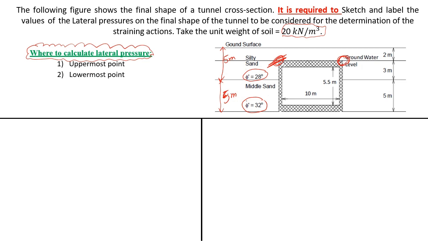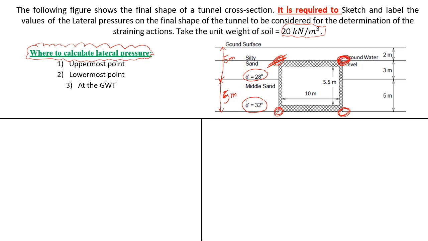The second point is the lowermost point, so you will have to calculate at the lowermost point on the retaining structure. Then add the groundwater level. If you have a groundwater level, you will compute the lateral earth pressure at its location. Actually, in this problem, we have the groundwater level at the same level as the uppermost point.